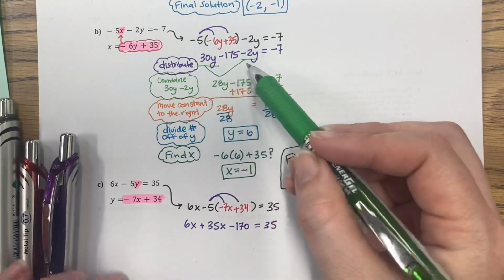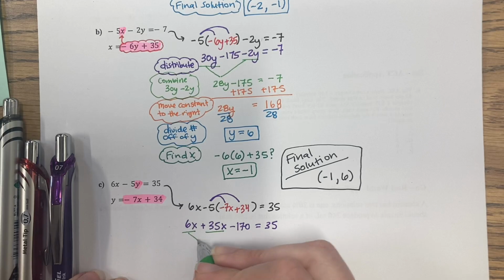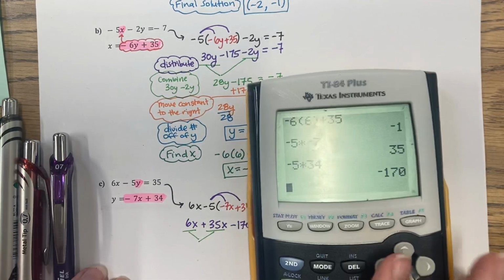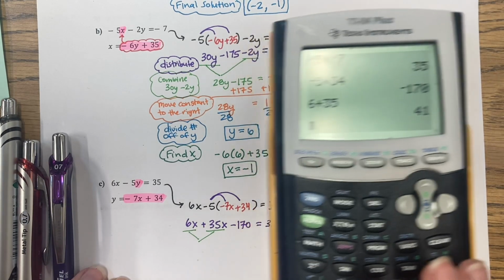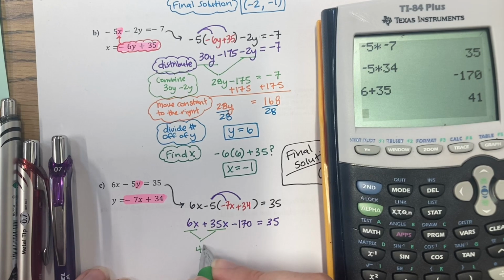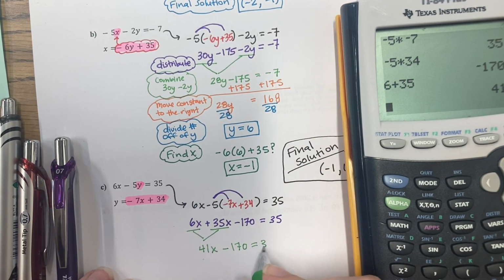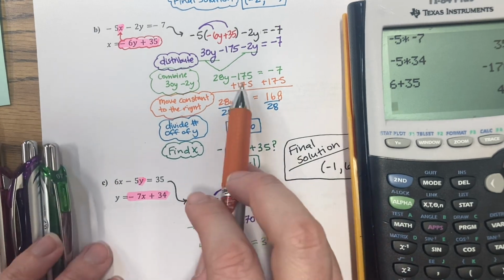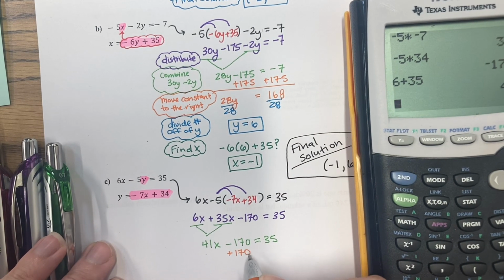I then combine my like terms. So I'd have a 6 and a 35 put together. Then we move the constant over to the right. So to move this one, I would do plus 170.